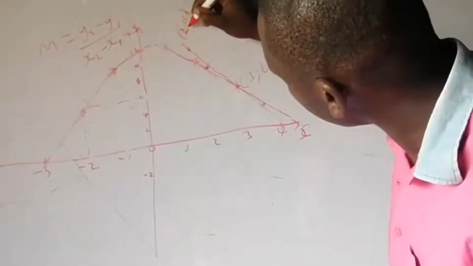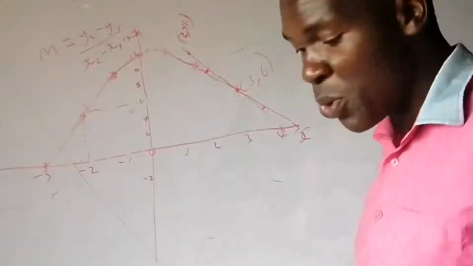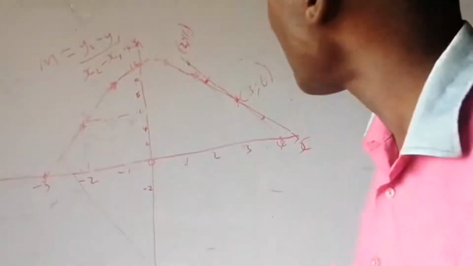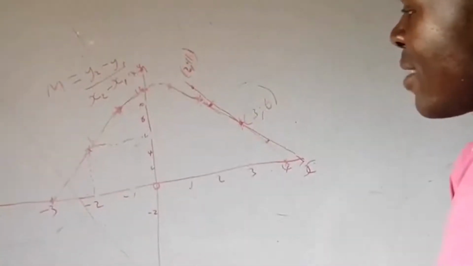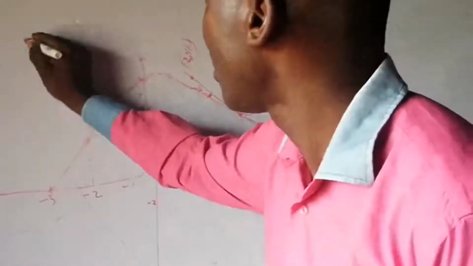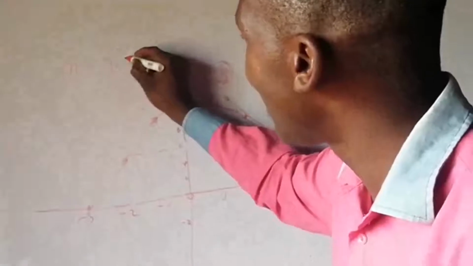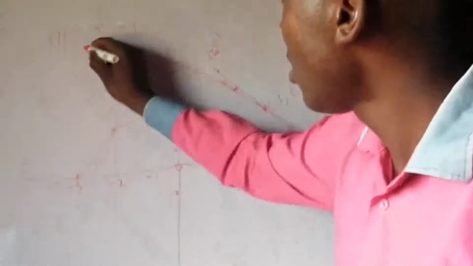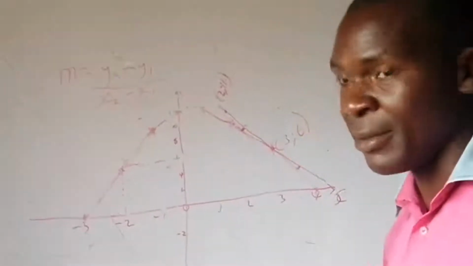So when I use (2, 11) and (3, 6) to find the gradient, the formula is, let me write the formula clearly, m is equal to y2 minus y1 over x2 minus x1.